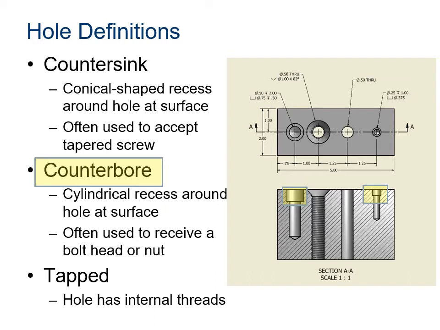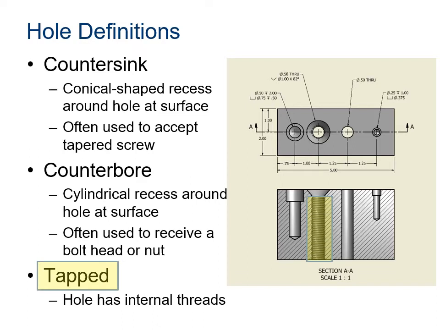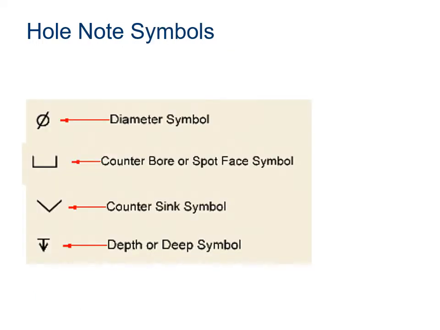This is usually to receive a nut or a bolt without having it protrude above the surface of the part. If you have a really shallow counterbore, it's sometimes called a spot face. A tapped hole means that it is a hole that has internal threads cut into it, so that you can thread in a nut or a bolt or a screw of some sort.